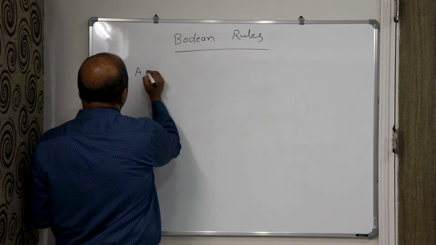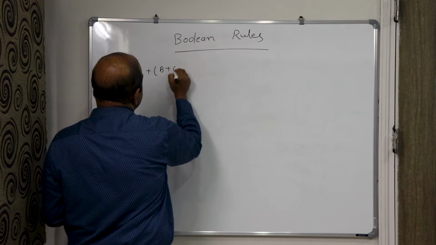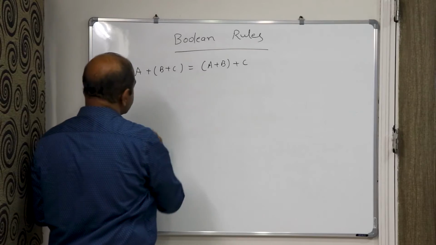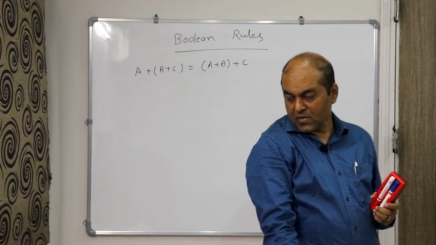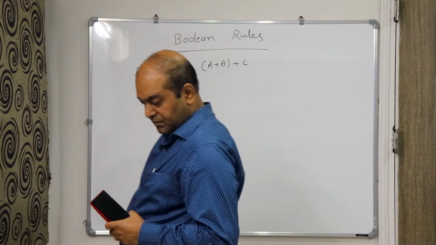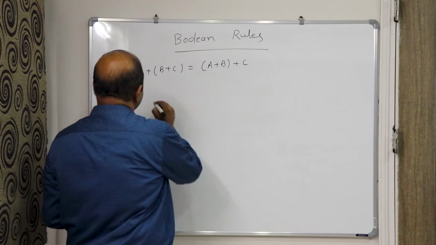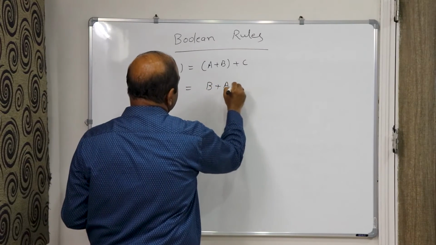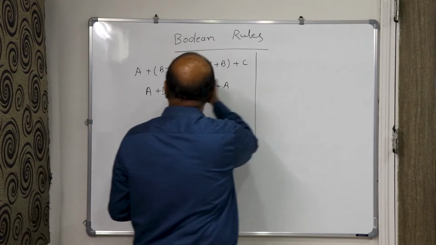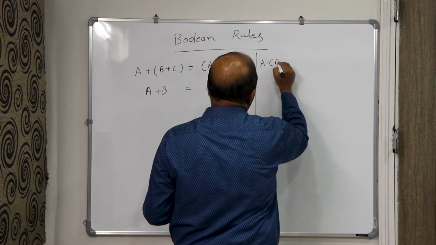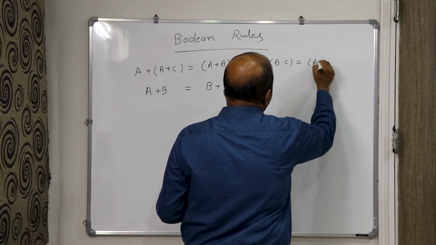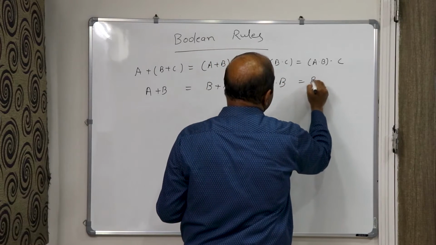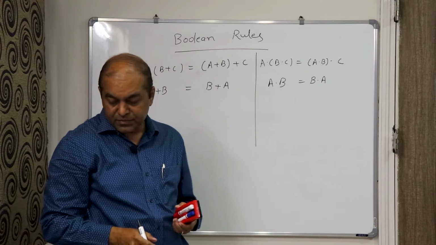Then A plus B plus C, you can say that it is A plus (B plus C). Or simply A plus B, you can say that B plus A. Same way, A dot B dot C, you can say that A dot (B dot C), A dot B equals B dot A. Copy down this too.